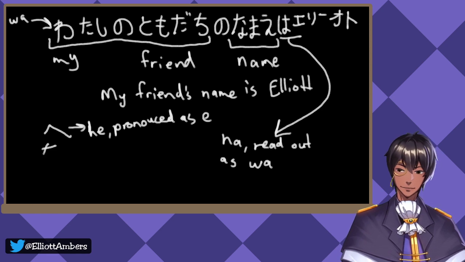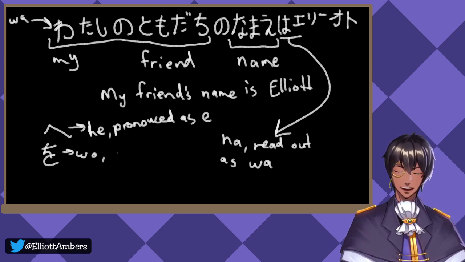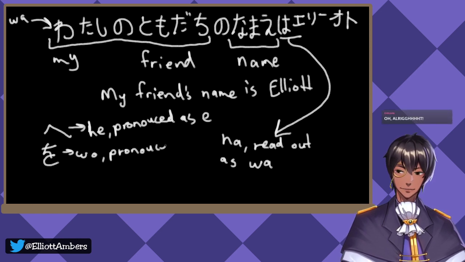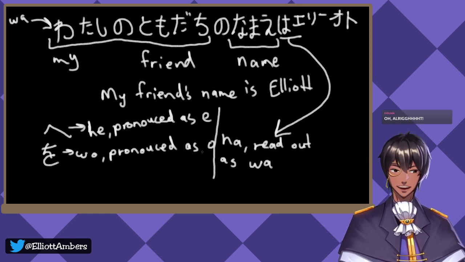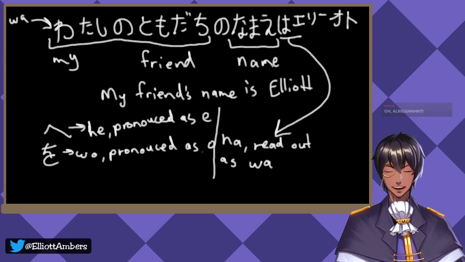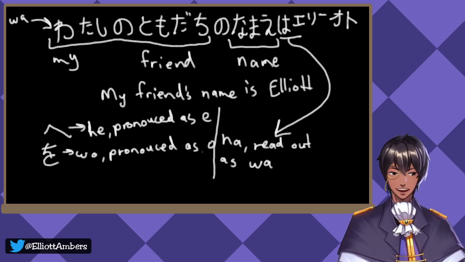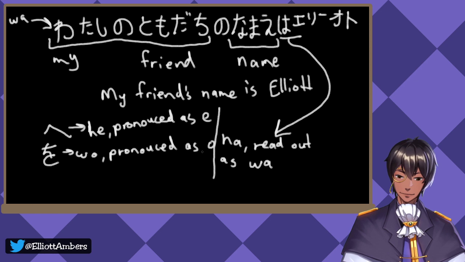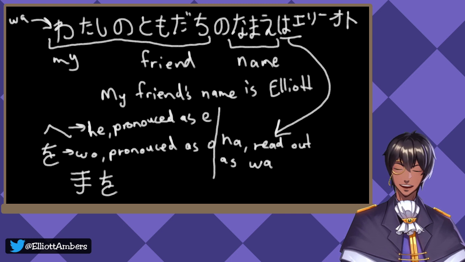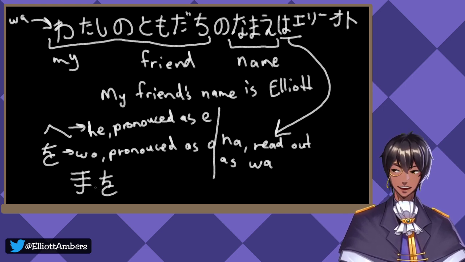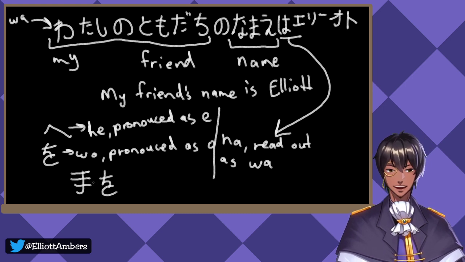There's also wo, pronounced as o. And you'll see this a lot when you look at romanized lyrics for Japanese songs, that instead of writing out the he as he, they write it out as e, or the wo will be written as o. Like in the popular Queen song Te o Toreate, it would be written out as te o, but spoken out, it sounds like te o. So those are some examples of characters that get pronounced differently than they're actually written out.